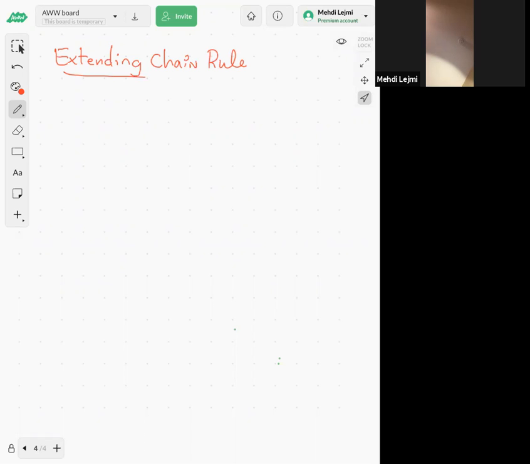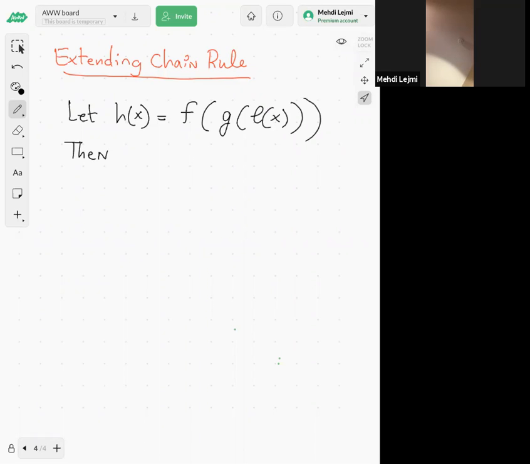So we have h of x equal to f of g of L of x, right? Then h prime of x, the derivative, h prime of x.